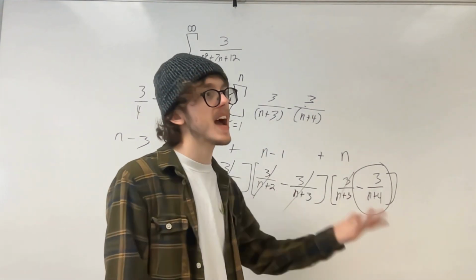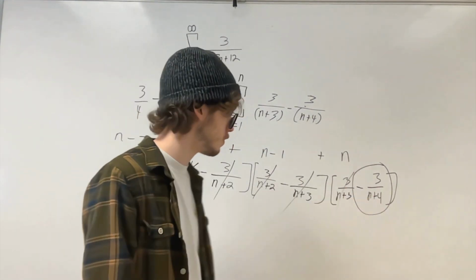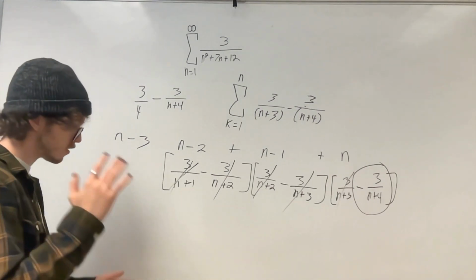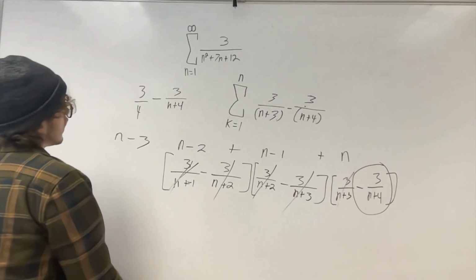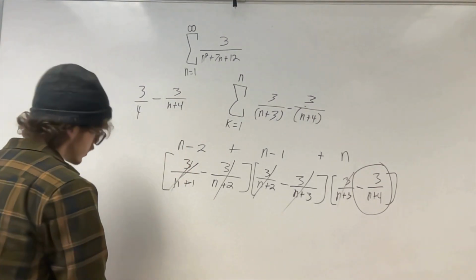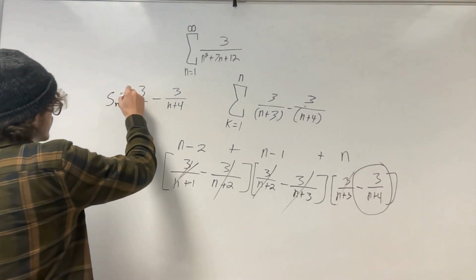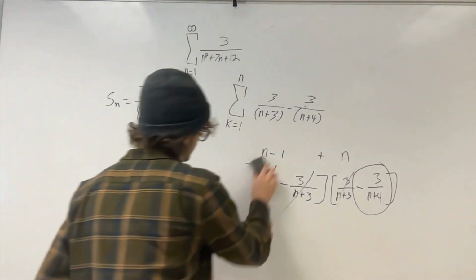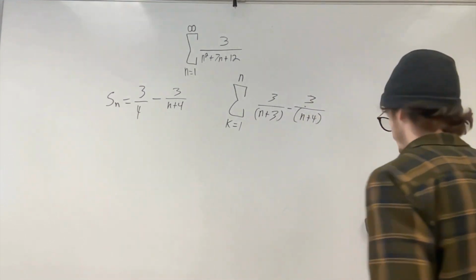There's no term past infinity. This is the infinite term here. So knowing that all these sums are going to cancel, reappear, cancel, reappear, we can say that the overall sum, S sub n, is equal to this term here. Okay? Hopefully that makes sense.